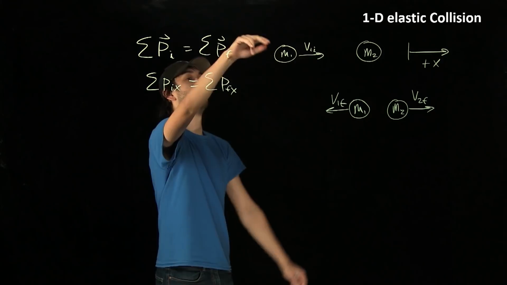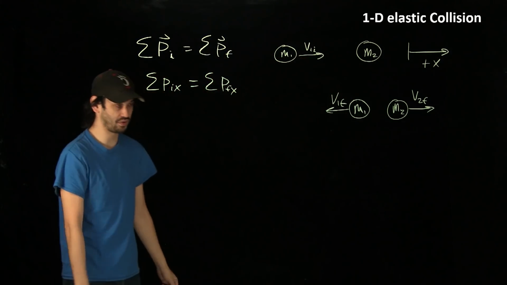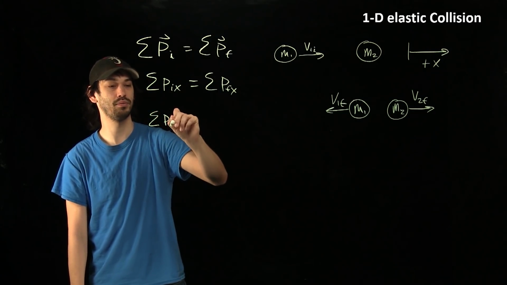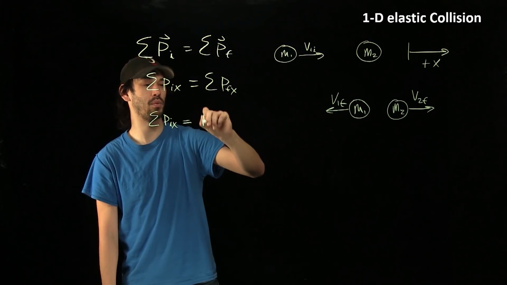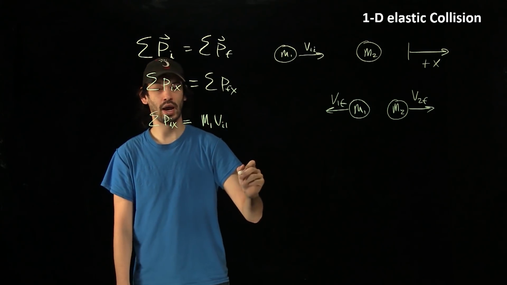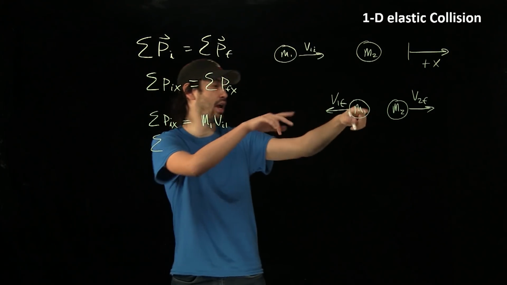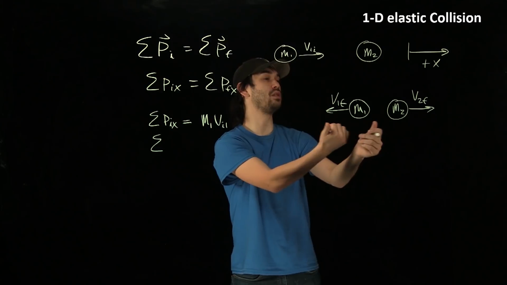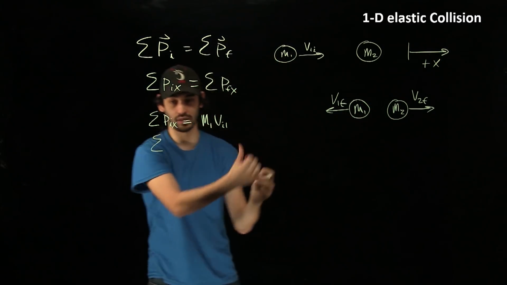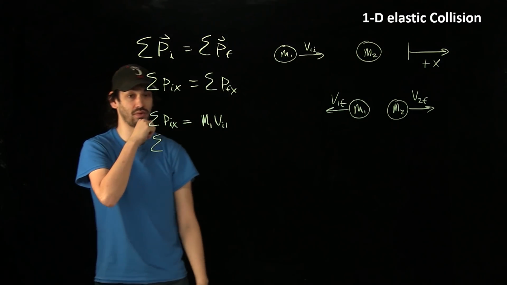Okay. Now let's ask ourselves, what is the sum of the momentum in the initial state? Well, in the initial state, only object 1 is moving. Object 2 has no velocity, and so the sum of the initial momentum is going to be equal to m1 times v1i. And the sum of the momentum in the final state: now, this has both objects moving, but we need to be careful because we defined this x direction here, and this one's going to be moving to the left, which means it's going to have negative momentum relative to the coordinate system we've defined here.